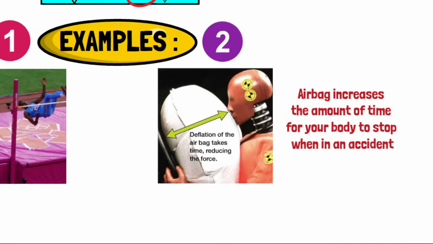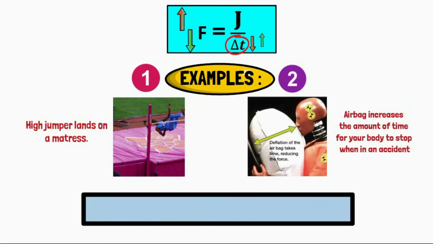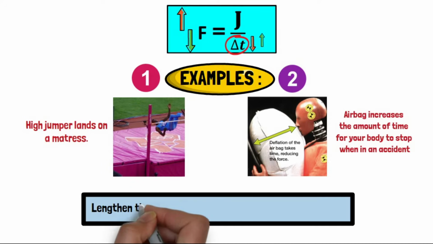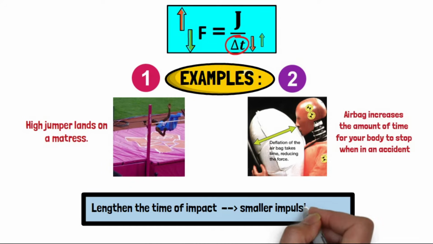Dan daripada kedua-dua contoh ini, kita boleh lihat kenapa seorang atlet lompat tinggi mendarat di atas sebuah tilam dan mengapa setiap kereta mempunyai airbag, di mana bila atlet tersebut jatuh ke atas tilam tersebut, masa pelanggaran antara badan atlet dan juga permukaan tilam akan lebih panjang dan menjadikan impulsive force between the body of the athlete and the mattress would be smaller, lebih kecil, jadi kurang rasa sakit.